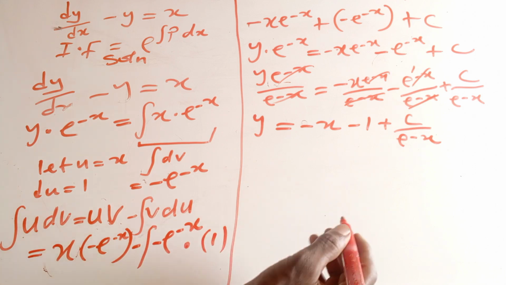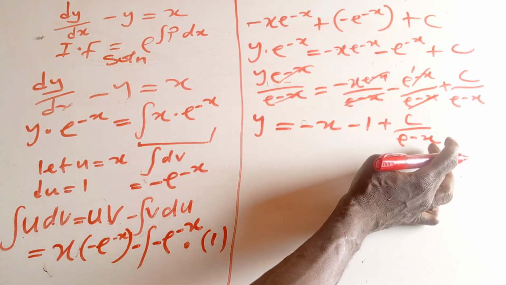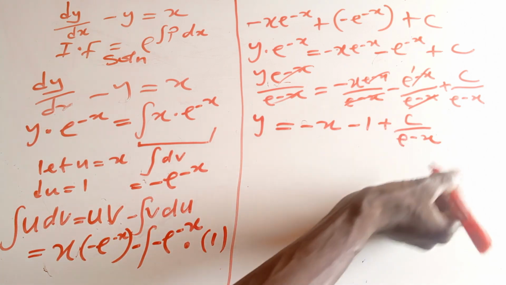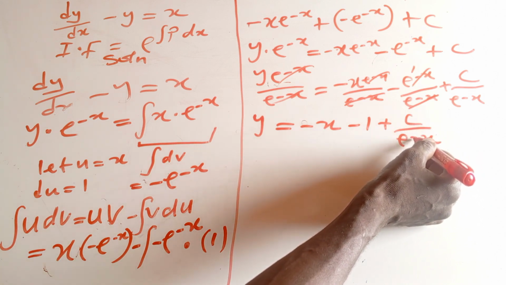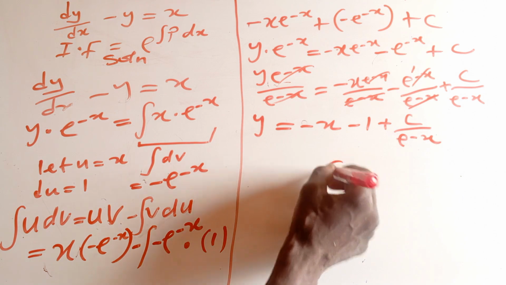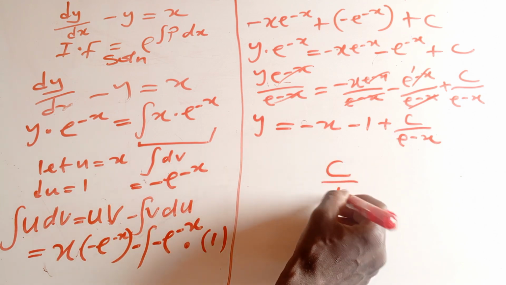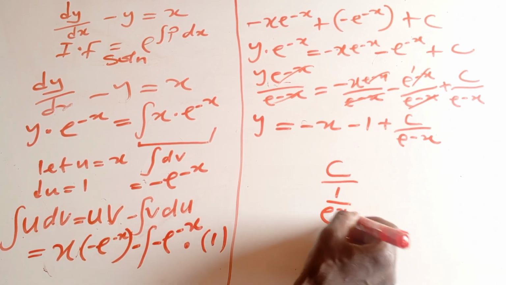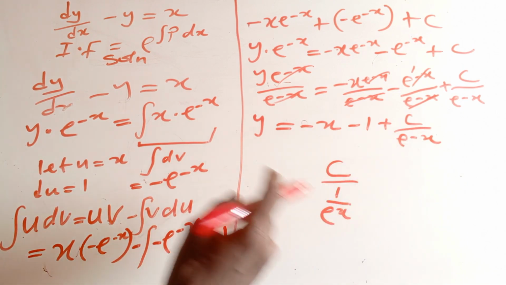Then the next thing to do is to simplify c all over exponential minus x. Since this one has a minus, we can simplify it as c all over 1 all over exponential x. To remove the minus, remember the laws of indices.